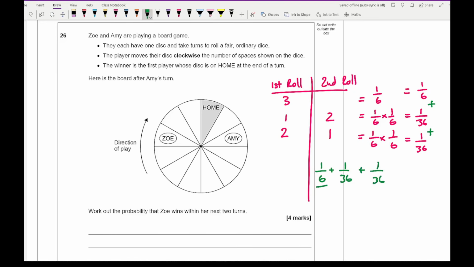If I convert this fraction to 36ths, that becomes 6 over 36. So we've got 6 over 36 plus 1 over 36 plus 1 over 36, which is 8 over 36. And I can simplify that by dividing both numbers by 4, in which I get 2/9.